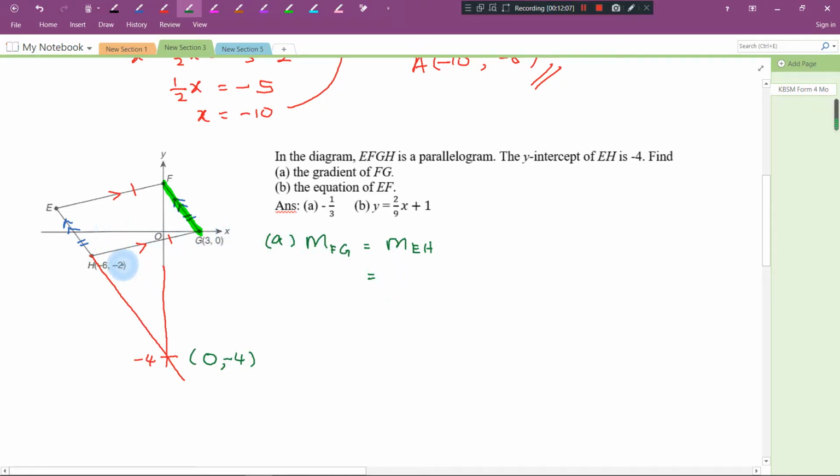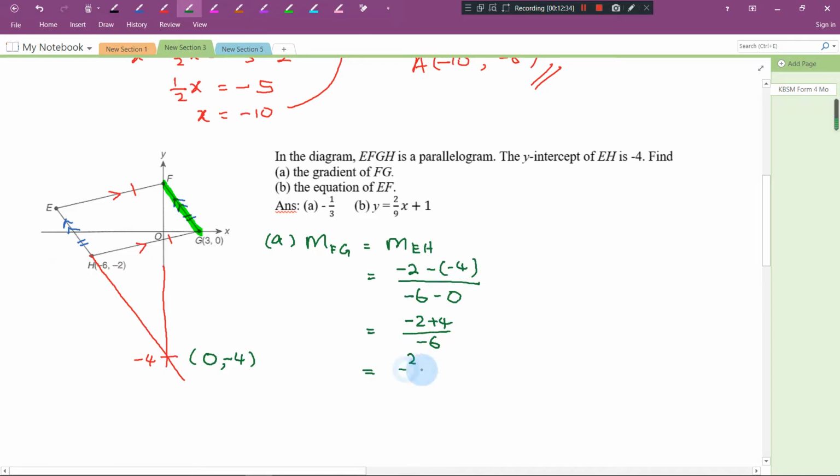I can get the gradient of this straight line easily. I just take -2 minus -4. If I take this minus this, when you go to the x part here, you have to do the same thing, -6 minus 0. When you have a negative number, just be more careful. So -2 plus 4, and this is -6.